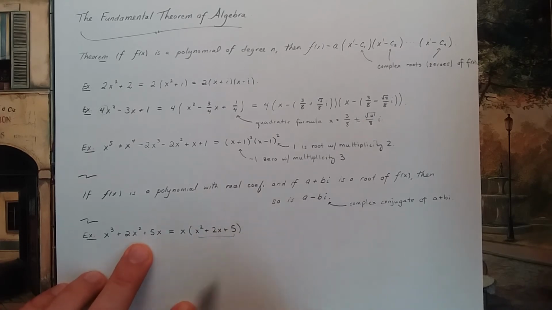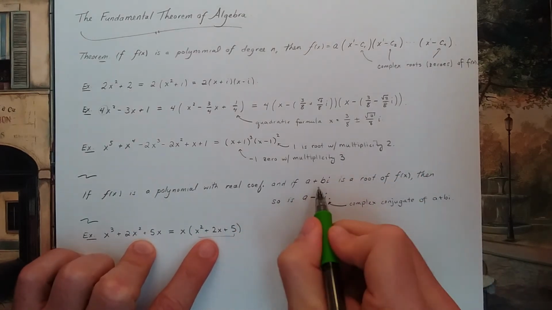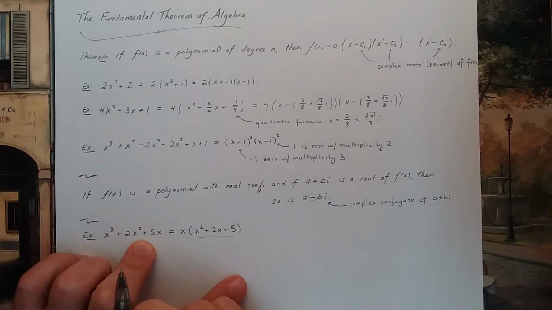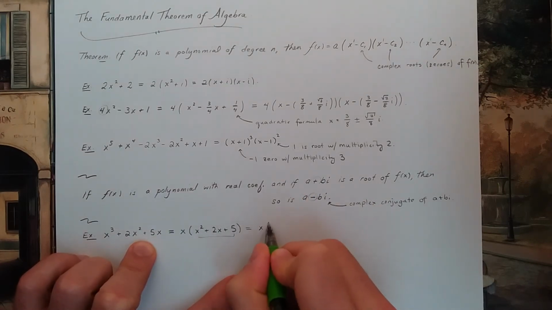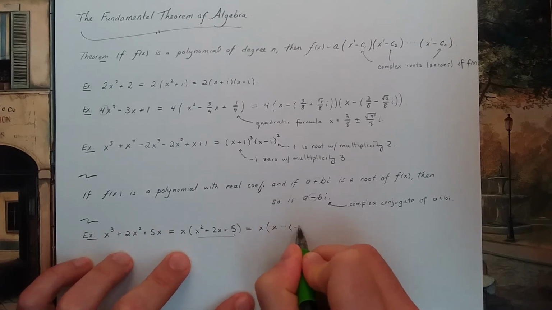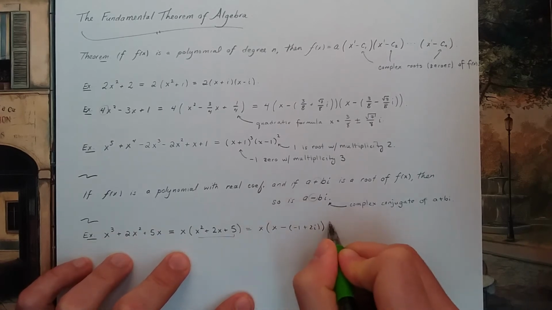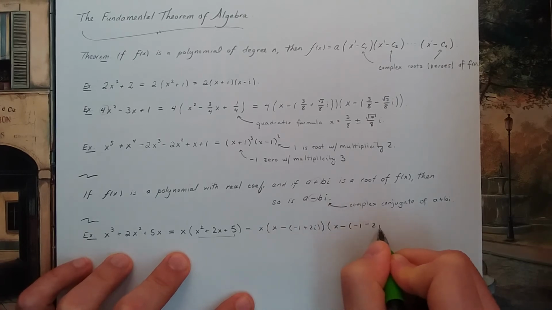Then on this term, you use a quadratic equation, and when you use a quadratic equation, you get both the plus and the minus complex roots. So then this can be factored, if you use the quadratic equation, into x minus negative 1 plus 2i times x minus negative 1 minus 2i.